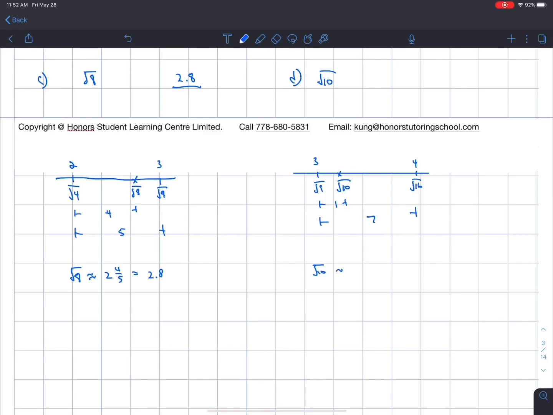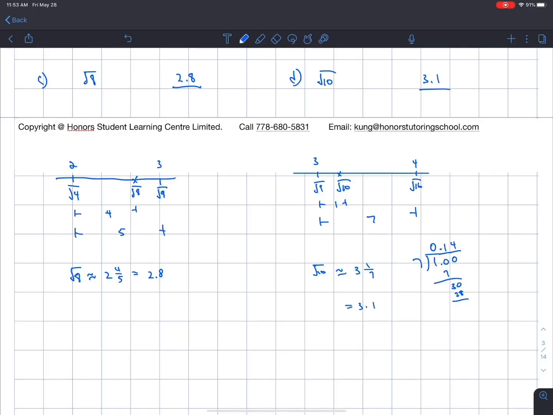So the square root of 10 is roughly equal to 3 and 1/7. So 7 goes into 1 0 times, 7 goes into 10 one time. And then 7 goes into 30 4 times. So we can say this equals 3.1.